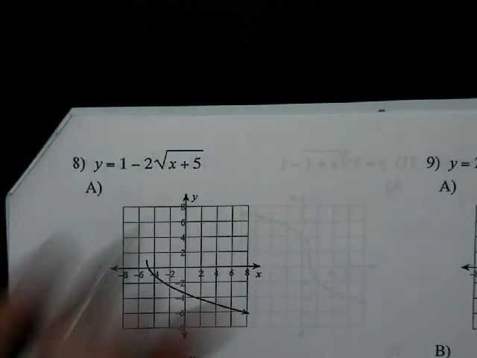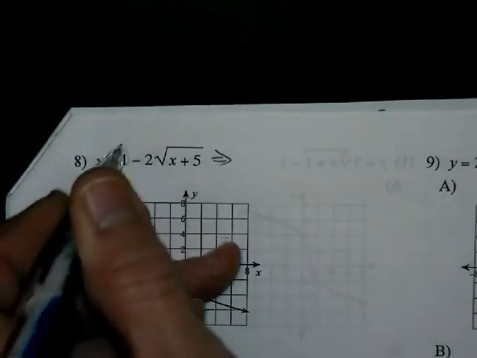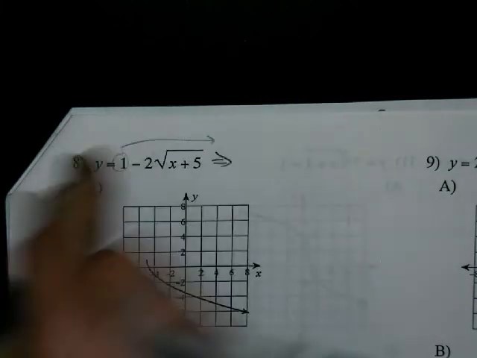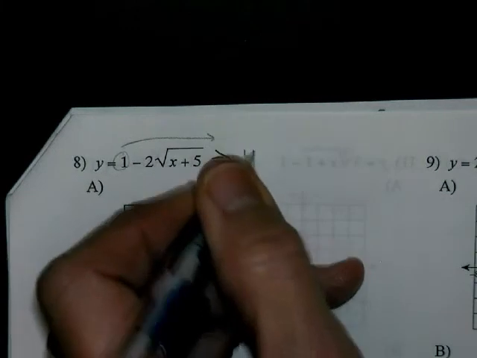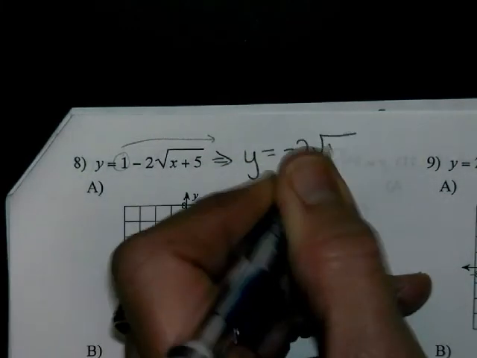Okay, 8's a pickle because they have the K in a different place, but we're not afraid. All we have to do is rewrite it in our mind or on our paper. This 1 is just a term I can put on the back side of my square root function. They're both on the same side, so the sign doesn't change.